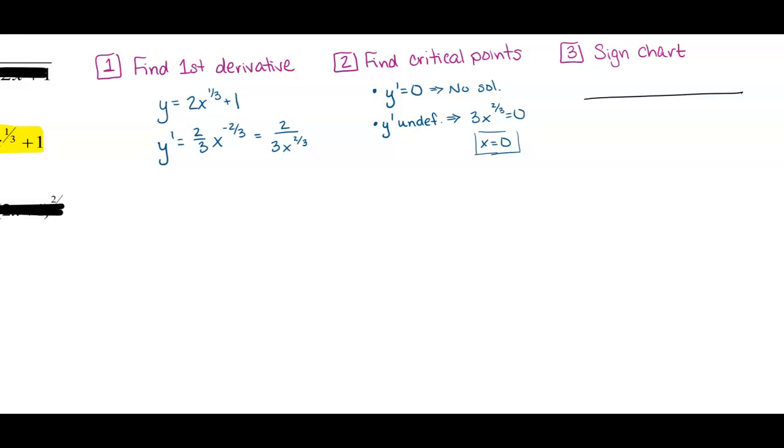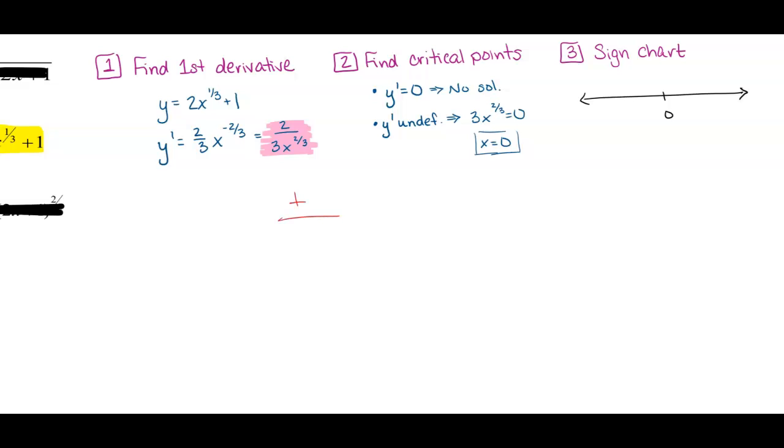Next step, I'm going to make a sign chart. The only thing that goes on my sign chart is 0. I'm going to be plugging numbers in from either side right here. And then I'm trying to figure out if I get a positive or a negative. So if I plug in a positive number, it's obviously a positive 2 on the top.